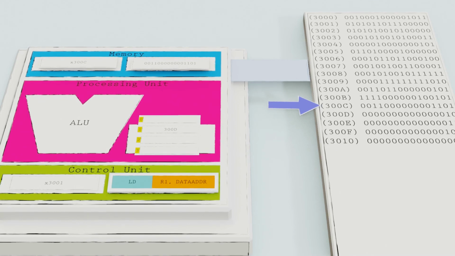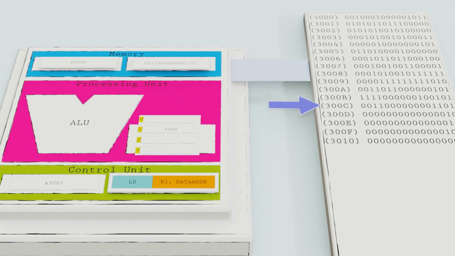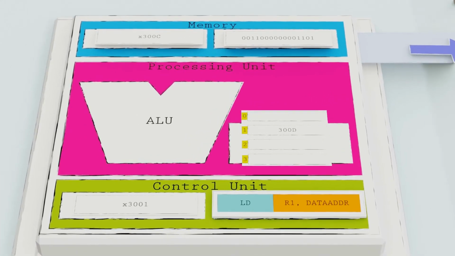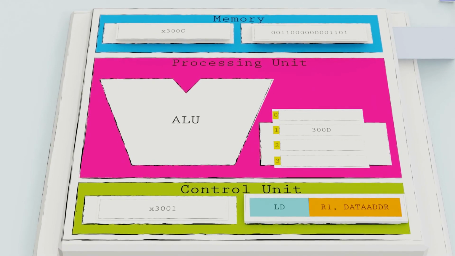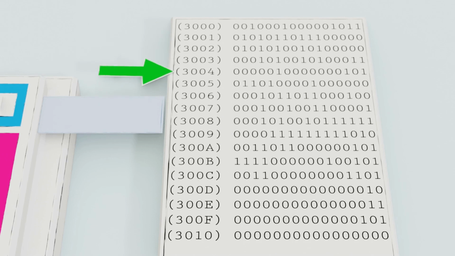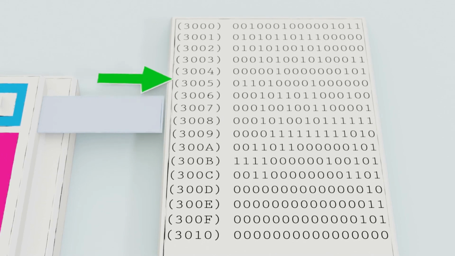So register 1 now has the hex value 300D, which is of course the memory start address of where our three numbers 2, 3 and 5 are stored. That's the Fetch-Decode-Execute cycle for the first instruction of our program. The program counter is primed ready for the next instruction, and as you might expect, the processor repeats the whole cycle again for each and every instruction thereafter.